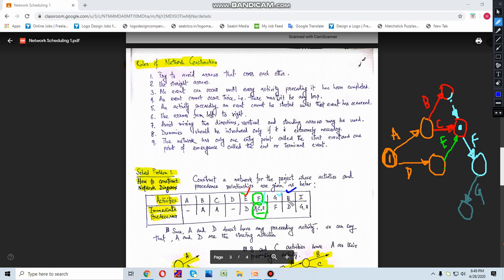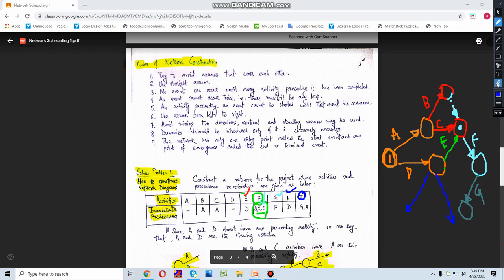Now see, H has the immediate predecessor as D. So that means from D this H is being generated. Now this H can be here, this H can be here, whatever you like. But you have to look at this condition. This I can be generated only if G and H are merged.